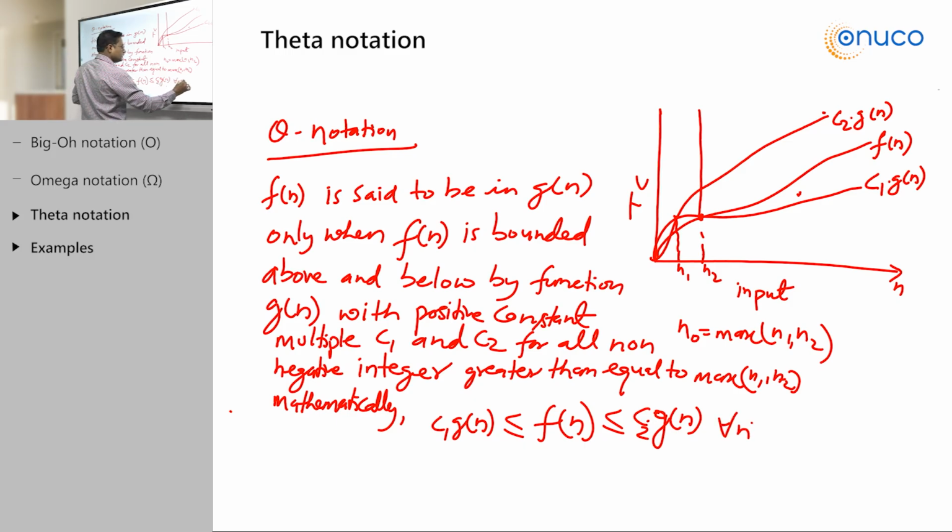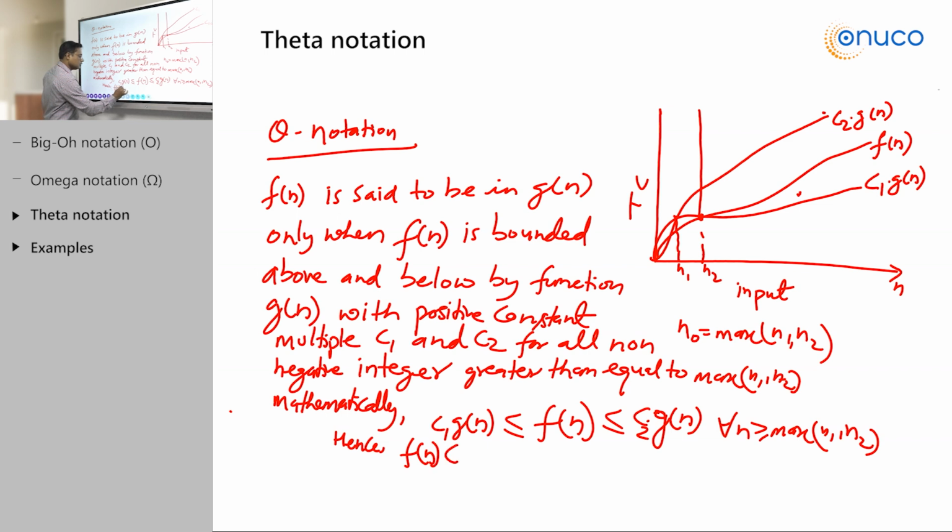For all n greater than or equal to max of n1 comma n2. Then we can say that f of n belongs to theta of g of n, right?